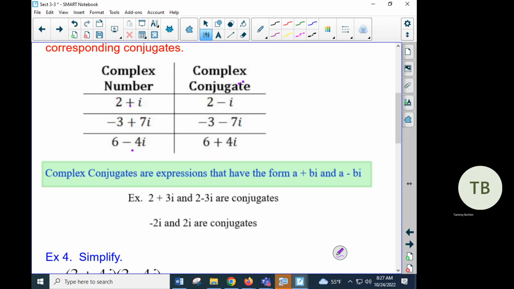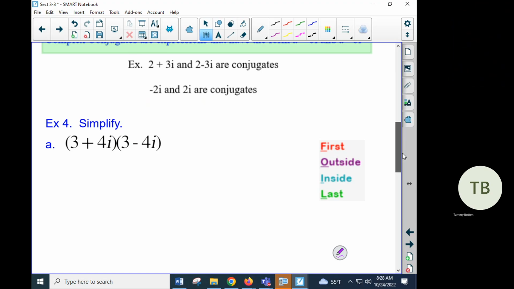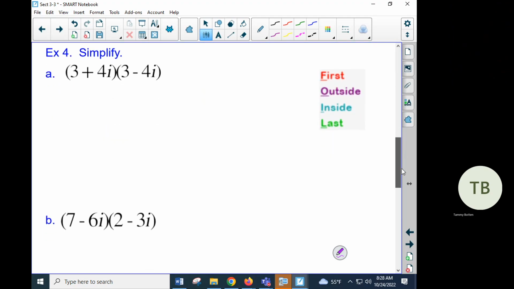Okay, so here is your regular complex number. Notice the only thing that changes is the middle sign. The beginning sign does not change, just that middle sign. And we'll talk about that when we're doing the division.